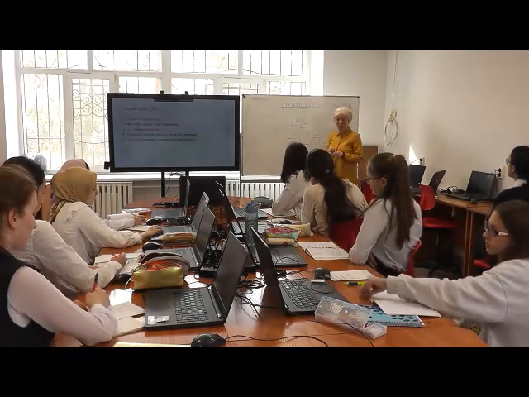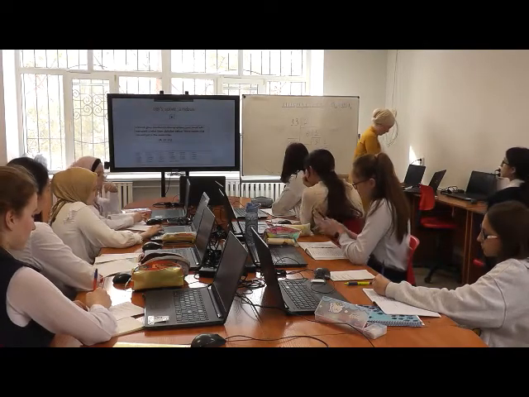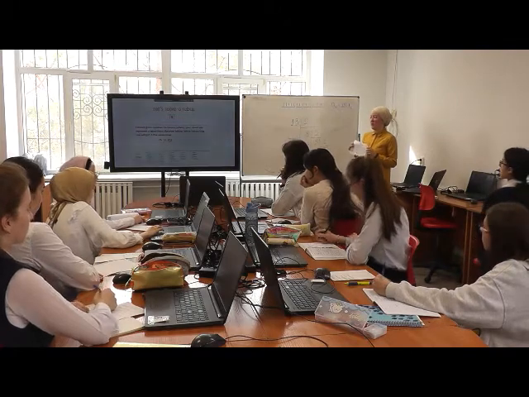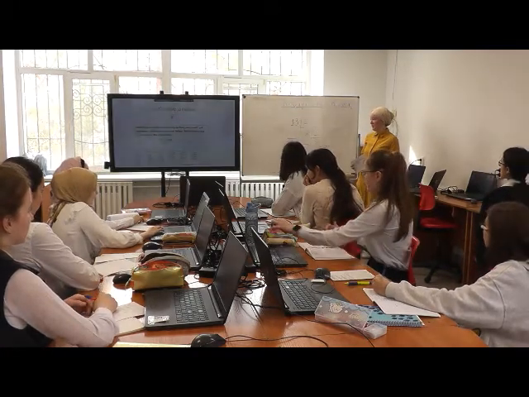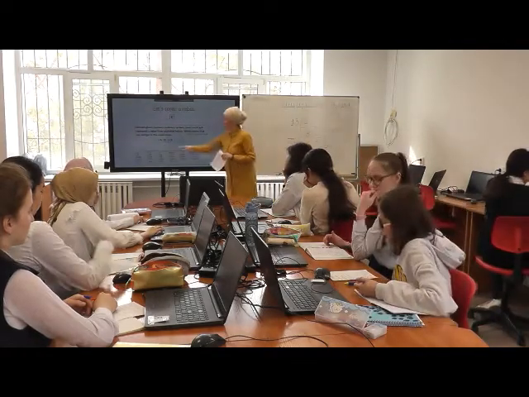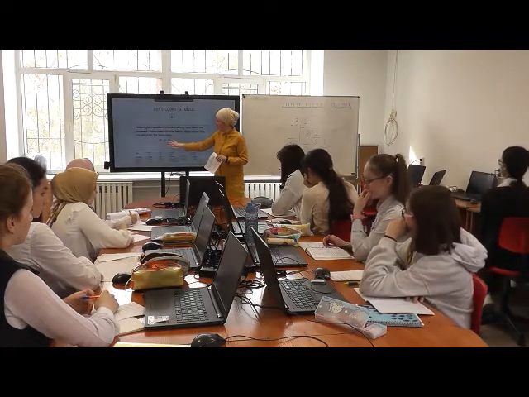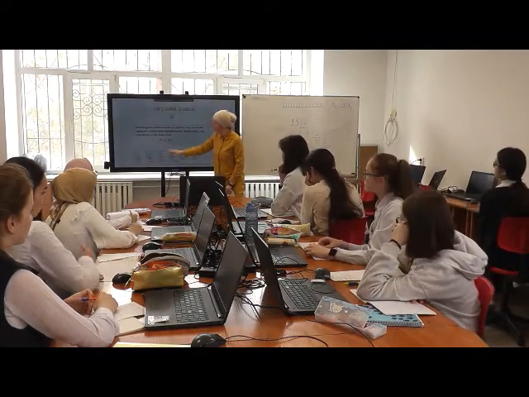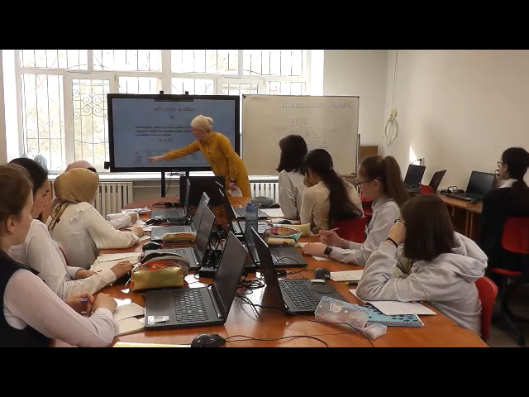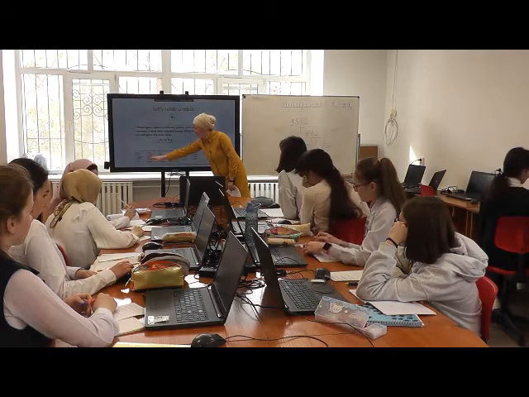Did you understand how to do it? Yes. Okay. I prepared a rebus for you. What will we do? You will work in pairs, and each group will have numbers. You will convert the numbers to the binary numbering system and find the letter that is recognized by this number.